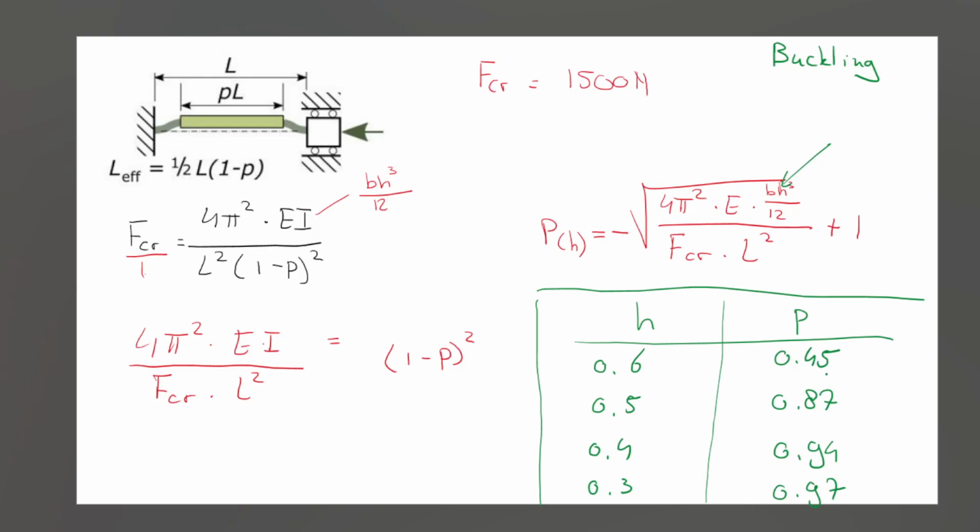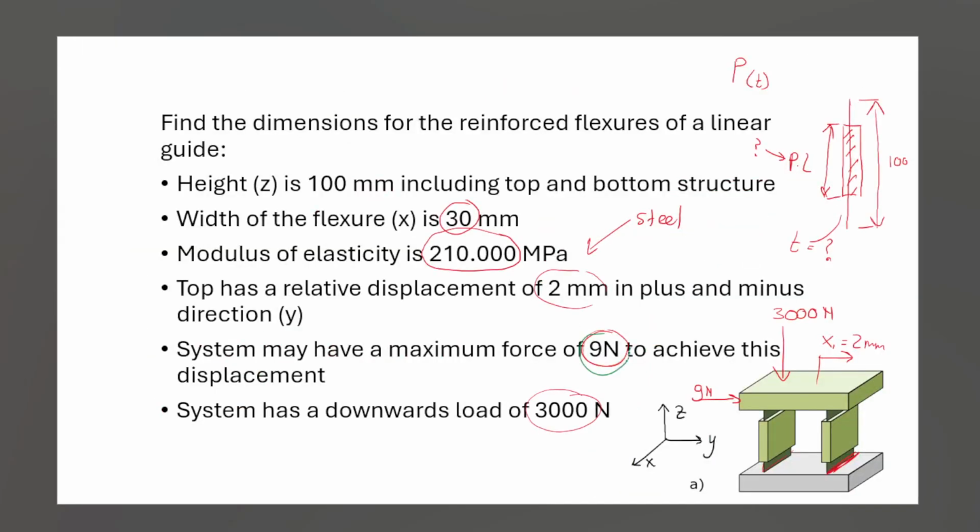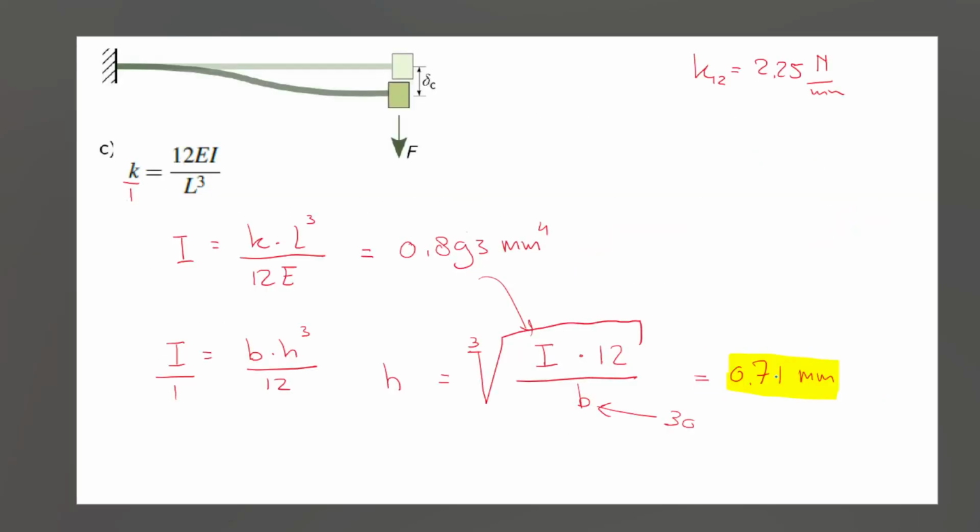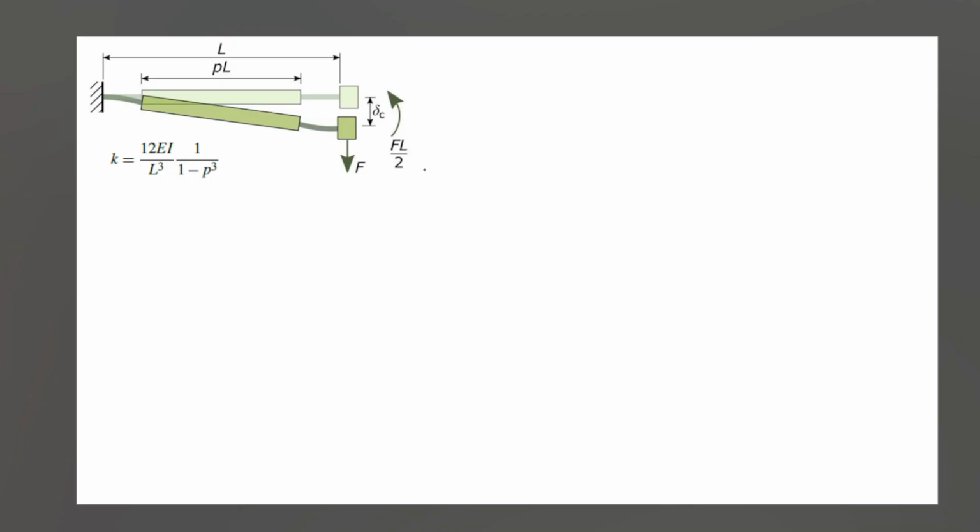Now let's go on to the next phase, because another requirement was of course the 9 newtons and the movement of 2 millimeters. Now we calculated over here that 0.71 was okay if we don't have any reinforcement whatsoever. However, now we're going to look at the formula with reinforcement, and it's this one.